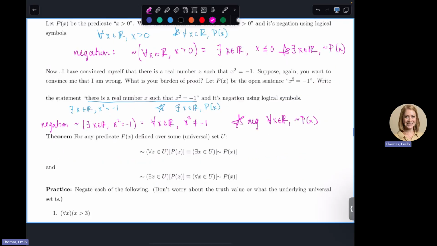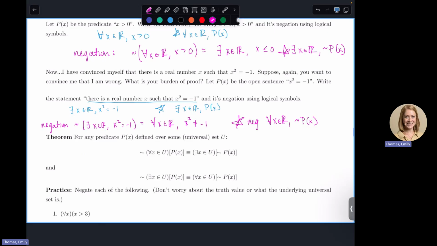And that's what these things say in more symbols. The negation of for all x, p of x is that there exists an x where not p of x. And the negation of there exists where p of x is true is that for all x it's not true. The domain's given there, so that's all of that.